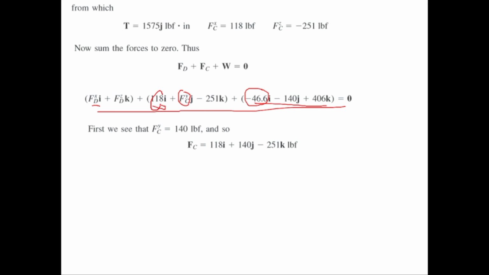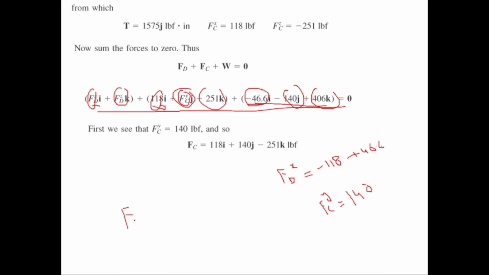Now take I components equals to 0, so FDX equals to minus 118 plus 46.6. Now j component equals to 0, so FCY equals to 140. Then k component equals to 0, so FDZ equals to... for FC these two components were already calculated, and here we calculated FCY, which is equal to 140.